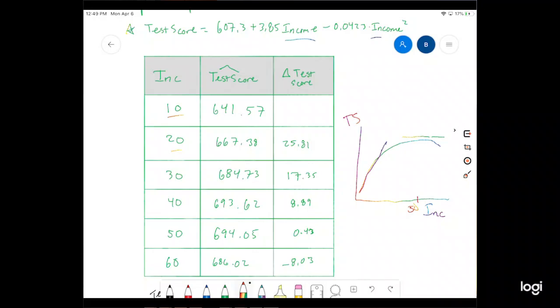Notice at around 60, though, that change in income has a negative effect. Now, this might not be true, that getting even richer has a negative effect on test scores, but this is what the model predicts. So this could indicate that maybe we need a cubic relationship in the data so that our plot would go something like this if we had a cubic. But we'll look at that a little bit later.